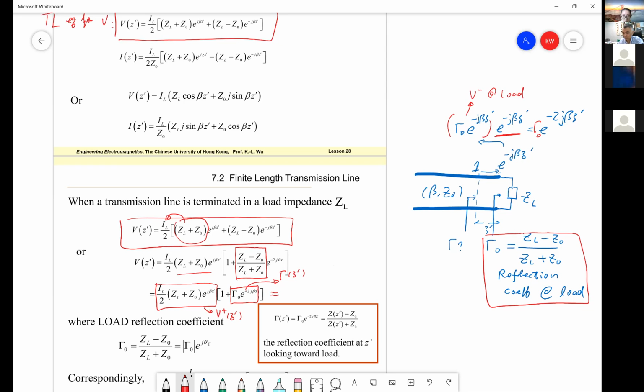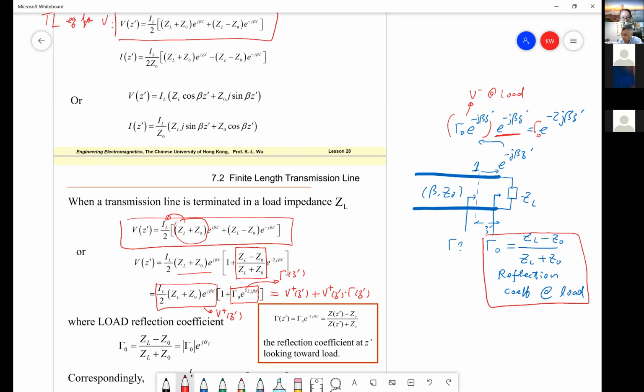This equation is nothing but V plus at Z prime, plus the incident wave multiplied by the reflection coefficient at Z prime.